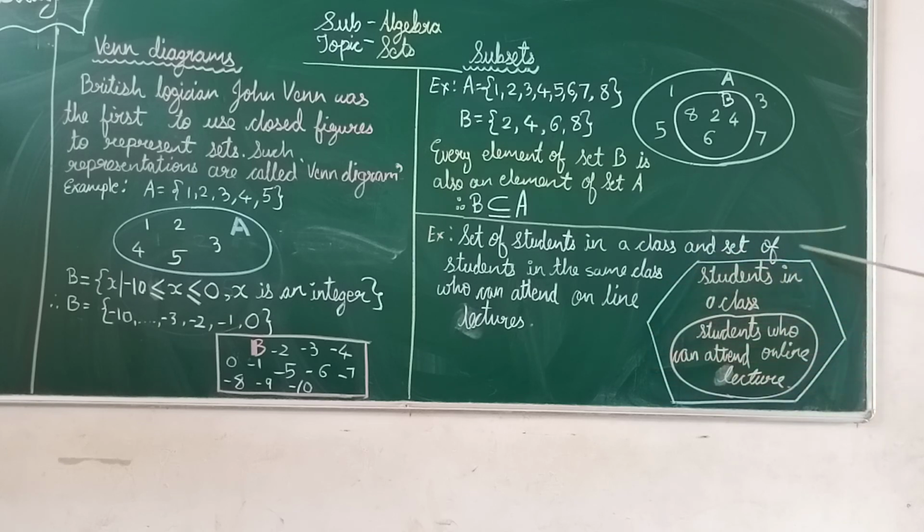This hexagon represents the students in a class, and this oval shape represents students who can attend online lectures. It means that from these many students in the class, only these students can attend the lectures. So I will say these students who can attend lectures are a subset of the class.